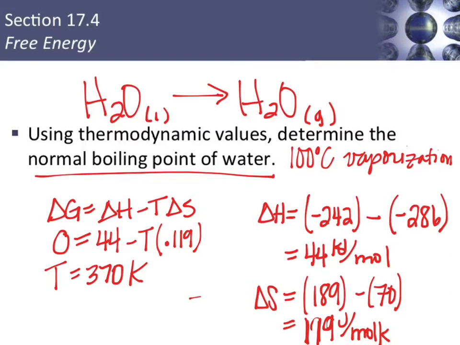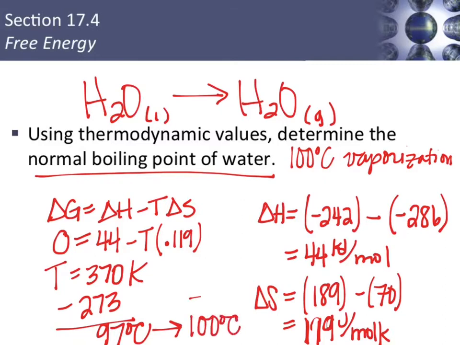370 Kelvin means nothing to me. Take it to Celsius. So it's 97 degrees Celsius. But then we can take that, and I just want your answer to be in 1 sig fig. So if it's in 1 sig fig, what is it? 100 degrees Celsius.